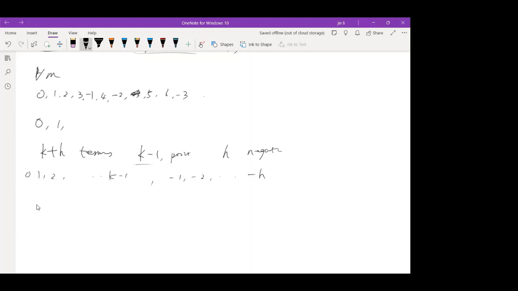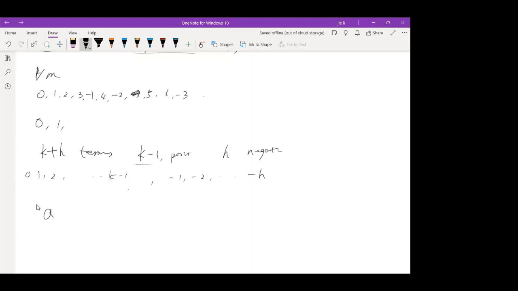Clearly, you need to put in either k or minus h plus 1. Otherwise, there will be a contradiction.